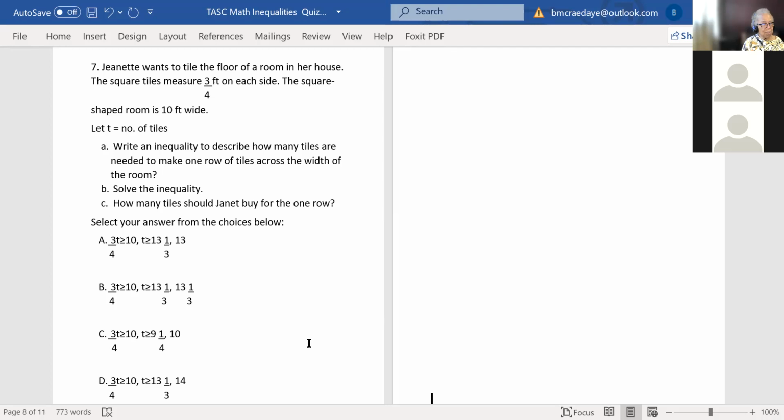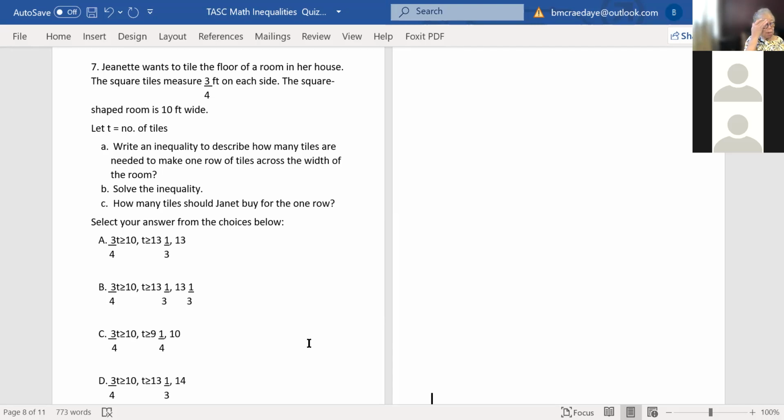The square tiles measure 3/4 foot on each side. When you're tiling a floor, you buy tiles of a certain size, and then you use a special kind of adhesive to put them on the floor. The number of tiles you buy depends on how big the floor space is.